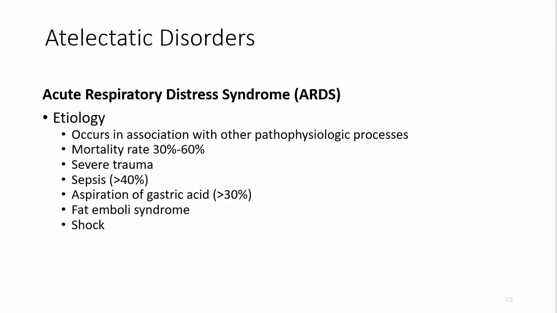So the big thing about ARDS is that it usually and typically occurs in people who have significant other pathophysiological processes. It happens to seriously ill, critically ill patients, people with big injuries. It often is the cause of death in those people.